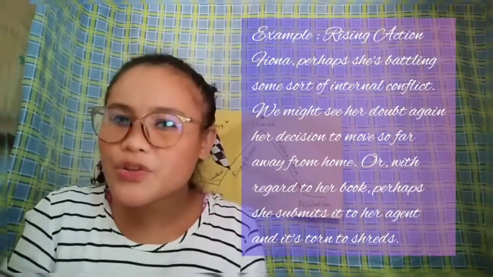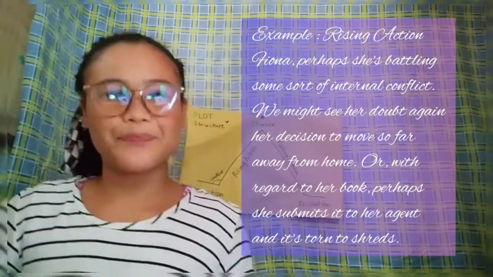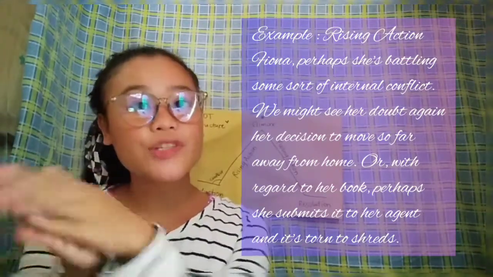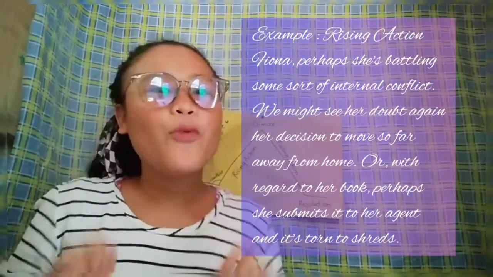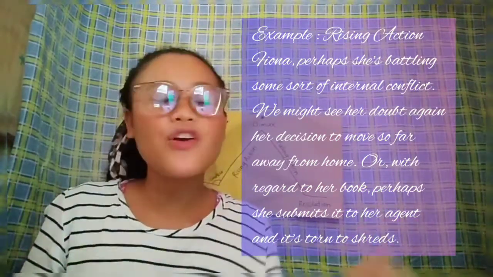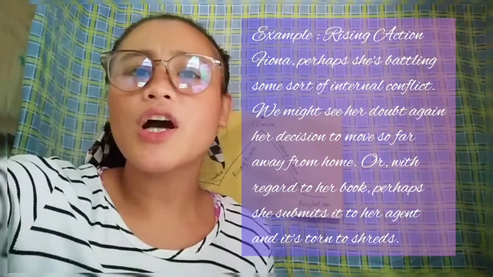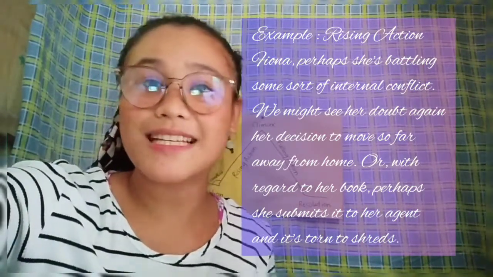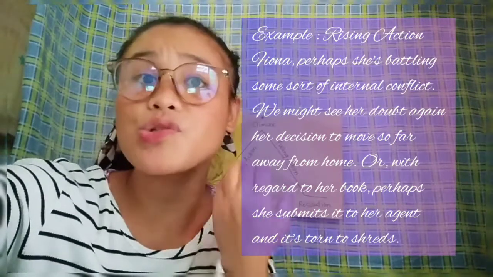Continuing with Fiona, the example in the introduction, we're going to continue her story. Perhaps she's battling some sort of internal conflict. We might see her doubt her decision to move so far away from home. Or, with regard to her book, perhaps she submits it to her agent and it's torn to shreds.